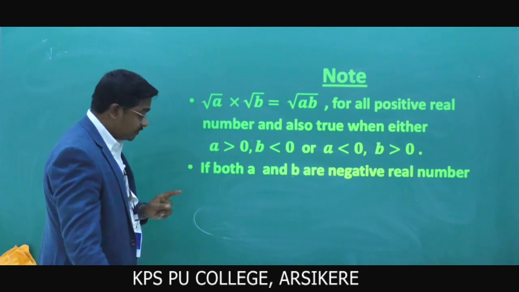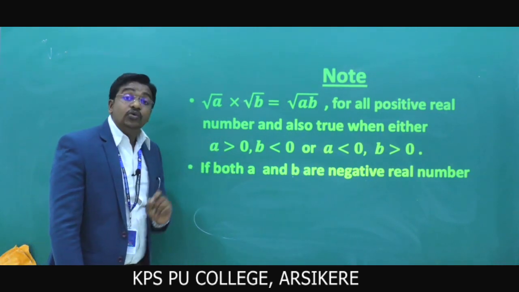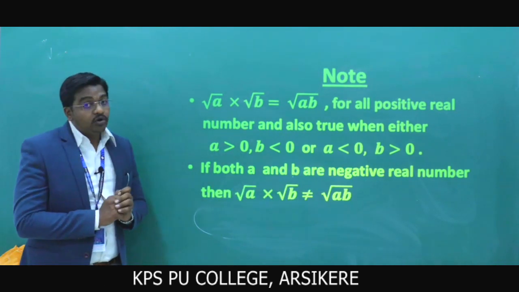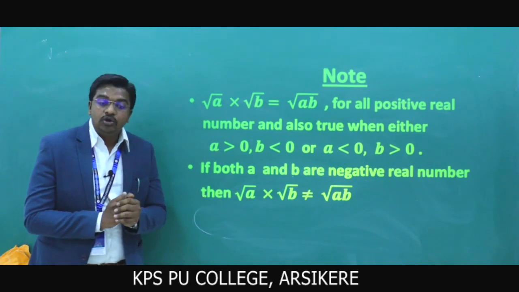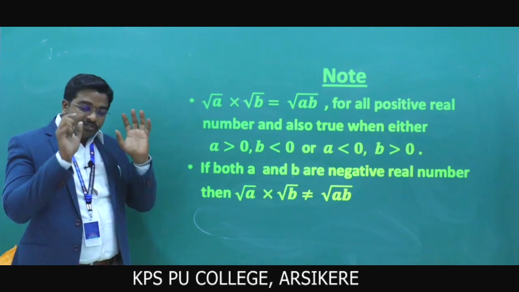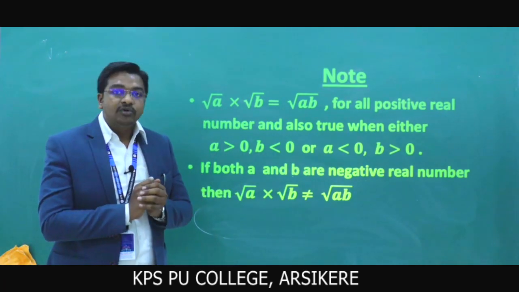But if both A and B are negative real numbers, then root of A into root of B is not equal to root of AB. This is very important. Understood? So this is the way to find the square root of a negative real number.